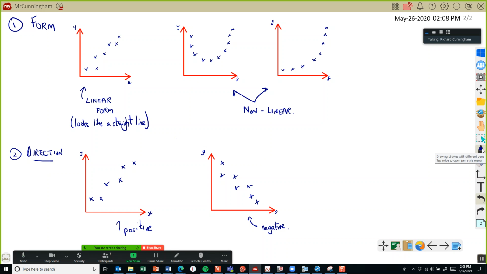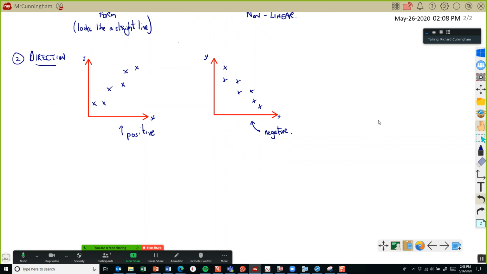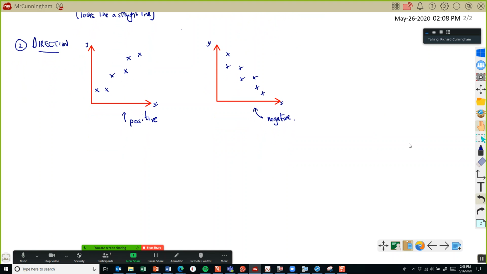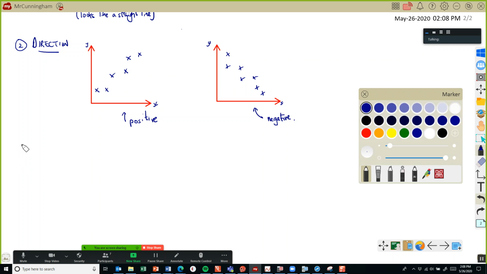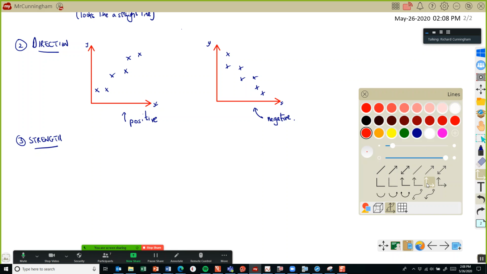And then the third thing we looked at was the strength. I'll do up a couple of examples of this.